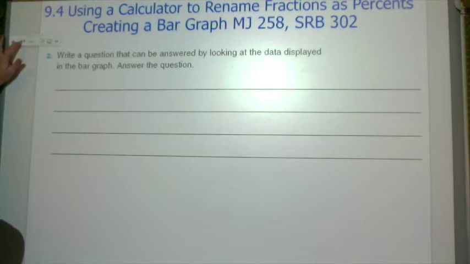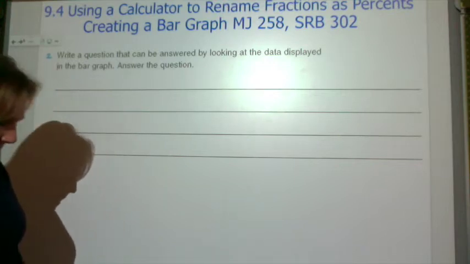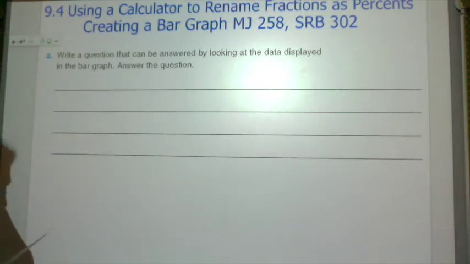All right. Then you want to answer a question that can be answered by looking at the data that you displayed in the bar graph. For example, you could say, which country had the highest subscriptions per 100 people? You could say, in comparison between Spain and the United Kingdom, how many more subscriptions did Spain have?